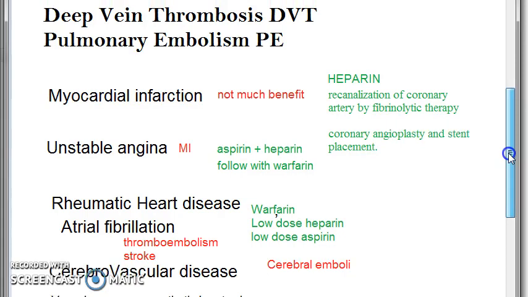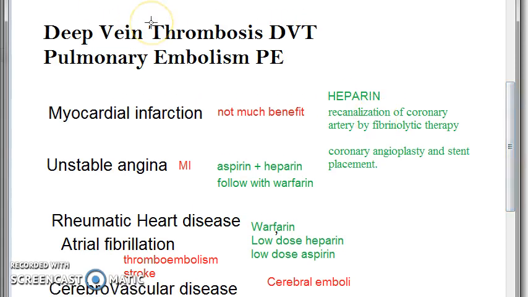Moving on to the first use, deep vein thrombosis, DVT, and pulmonary embolism, PE. Let us look at these two. In venous thrombi, mainly what you will see is fibrin, so anticoagulants are highly effective here.